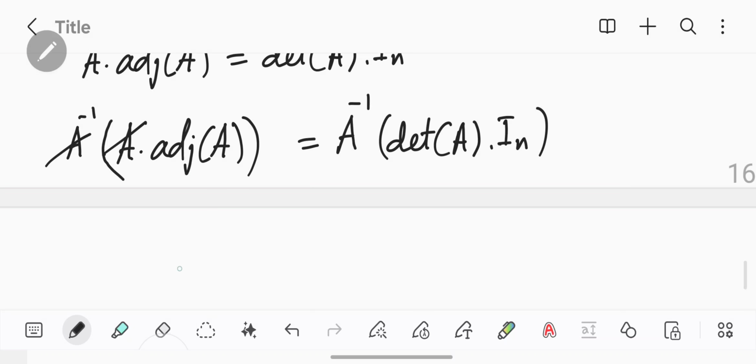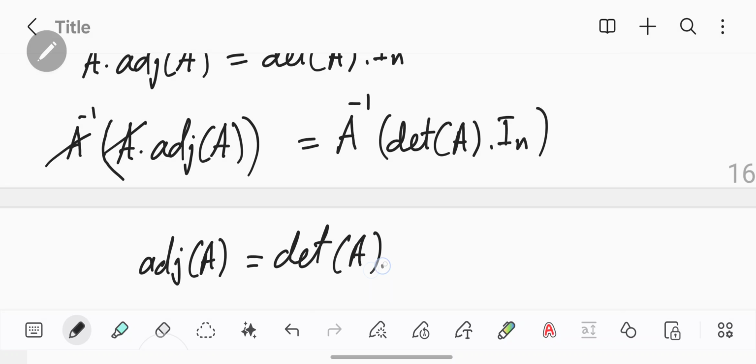You will get only adjoint of A here. And here you have A inverse times, since determinant of A is a number, I can write determinant of A first, then A inverse times identity matrix.